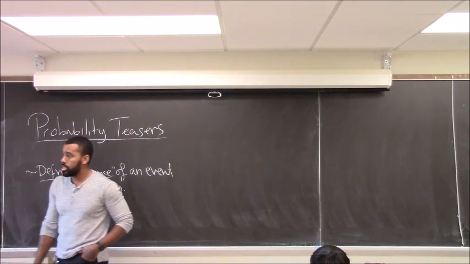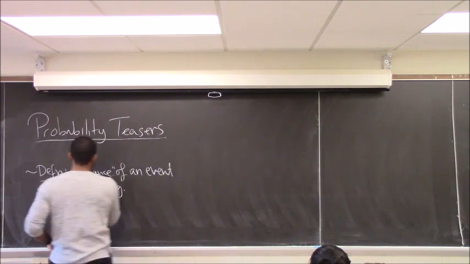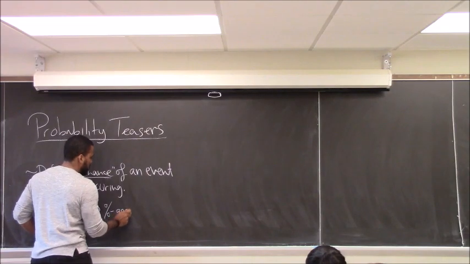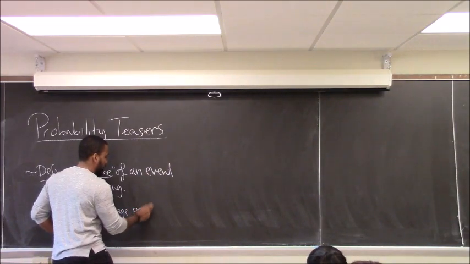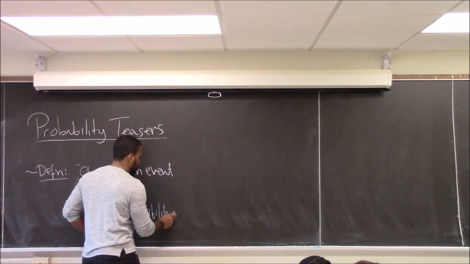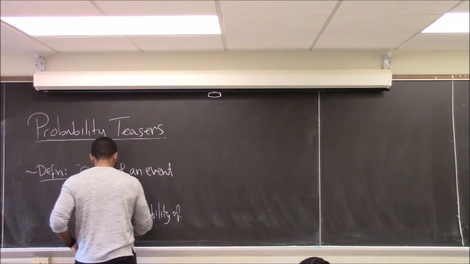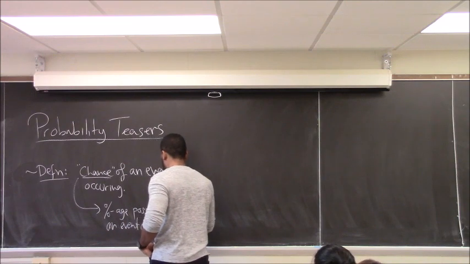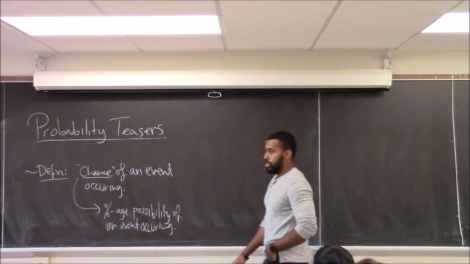Mathematically. Percentage possibility. Percentage possibility, that's getting a little more precise. So it's the percentage possibility of something happening. How do you actually calculate that? Yeah.